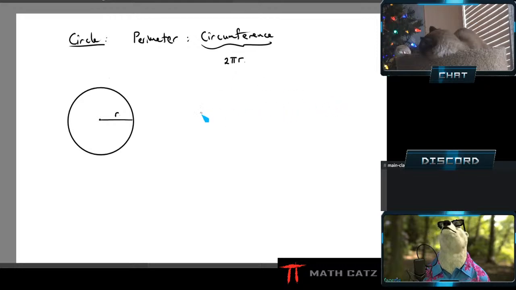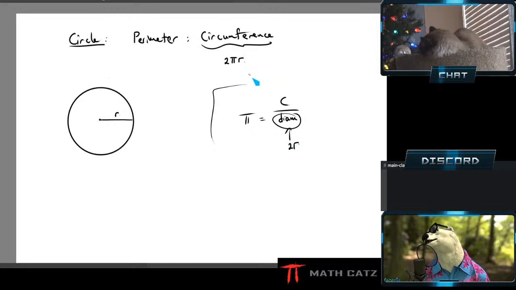Remember because pi was the ratio of the circumference over the diameter, and the diameter is 2 times r. So if I solve for circumference, I get 2 times r times pi, or 2 pi r is how I remember it. Okay, so perimeter or circumference of a circle, we have already done, just worth remembering.